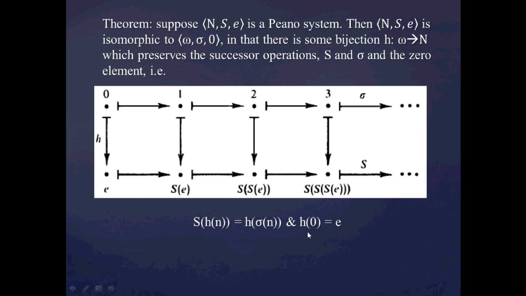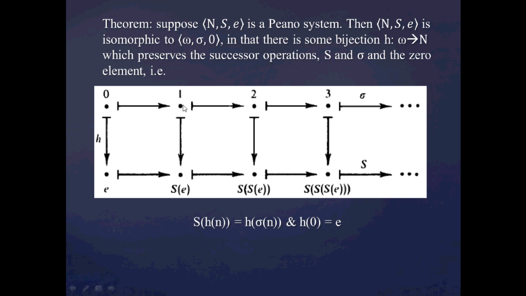But let me now try to explain why we care about this equation here. What we want to eventually say is that this 0 element in this set here is related to the starting element here. And we want to say that 1 is related to the next element after e here, s of e.